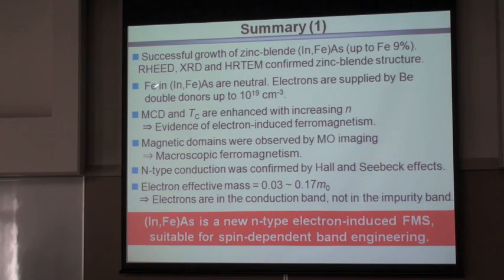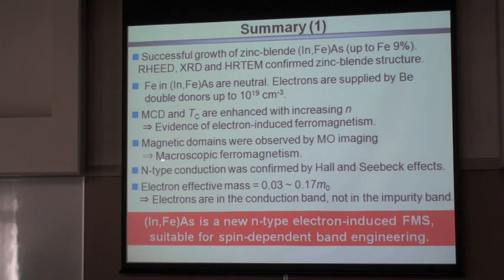And iron in this material are neutral, and electrons are supplied by the beryllium double donors up to 10 to the 19th. And MCD intensity and TC are enhanced with increasing electron concentration. This means the electron-induced ferromagnetism.